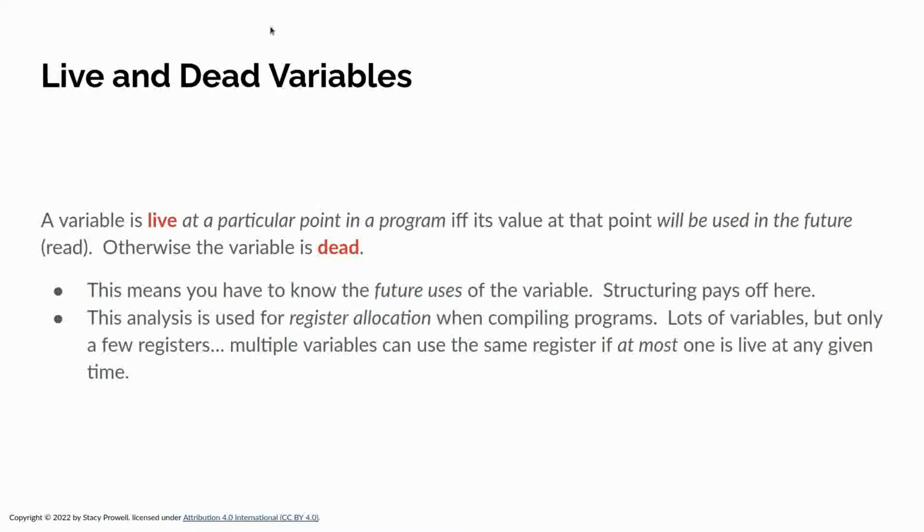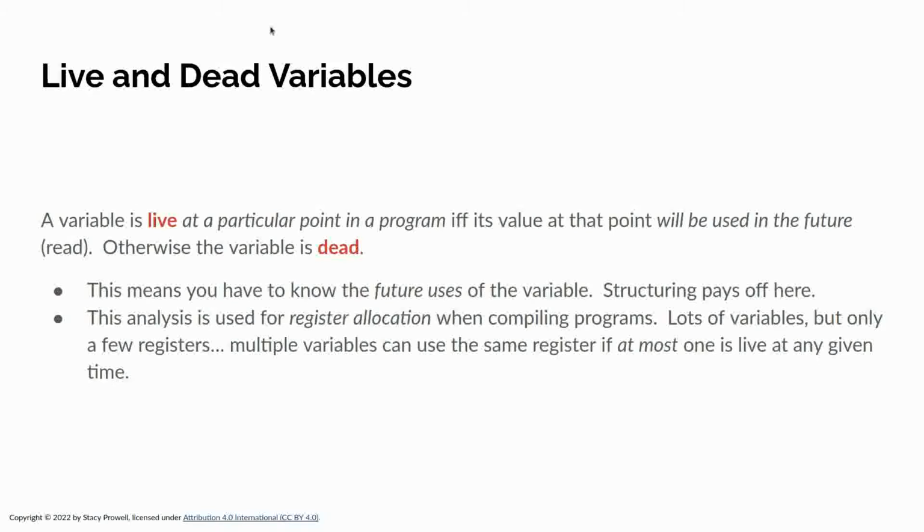So, live and dead variables, pretty extreme. And like real life, it's going to be really hard to tell what's live and dead. A variable is live, and we use this with respect to a particular point in a program's execution, if and only if its value at that point is used in the future.